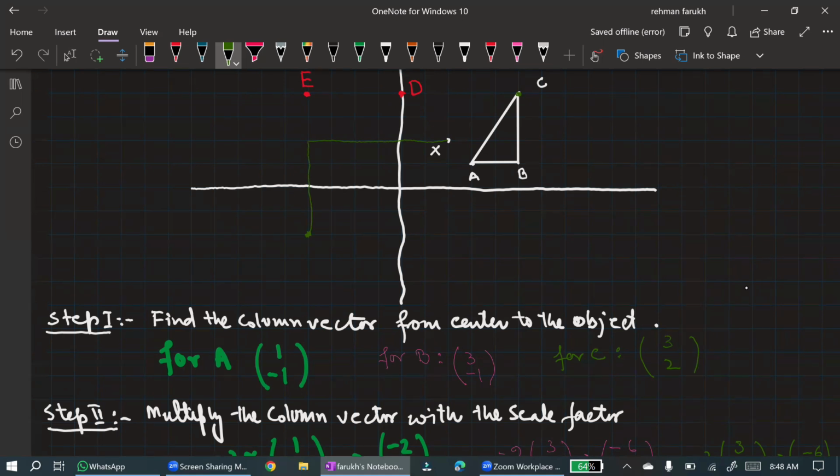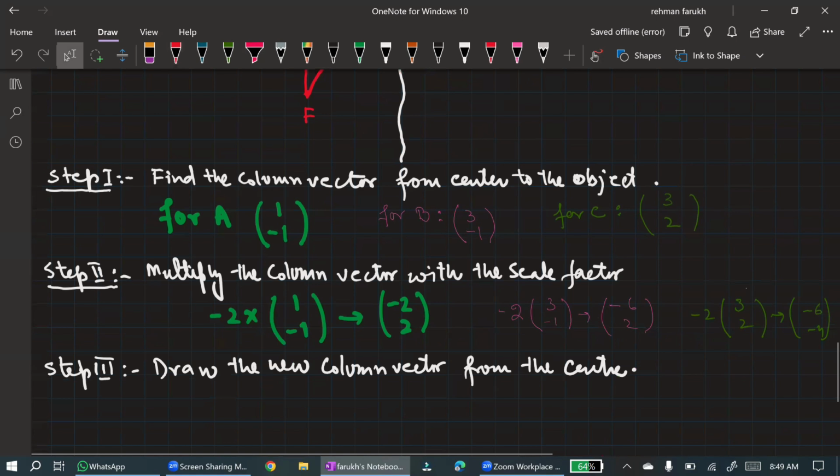This one is the point F. Now the new triangle is this one, the image triangle. You will draw these lines with the help of ruler. Is there any confusion? No, sir. Okay.